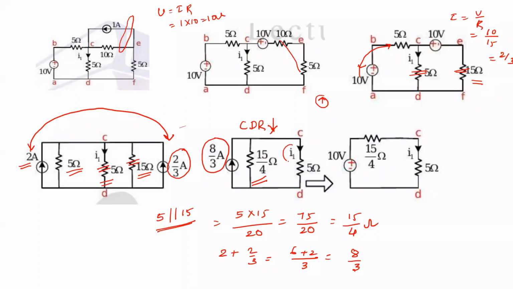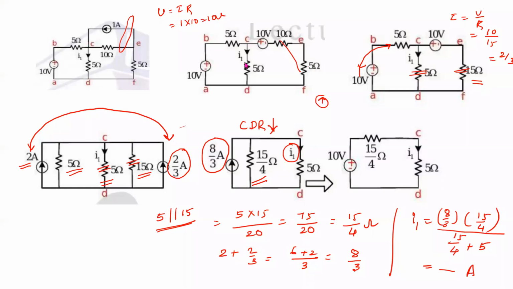So current I1 through the 5 ohm resistance, the formula is current I1 equals total current 8 by 3, times the opposite resistance 15 by 4 divided by the total resistance, that is 15 by 4 plus 5. Can you give me the answer? All right. Hopefully all of you got the same answer, 1.142. Good. So it is a simple problem.